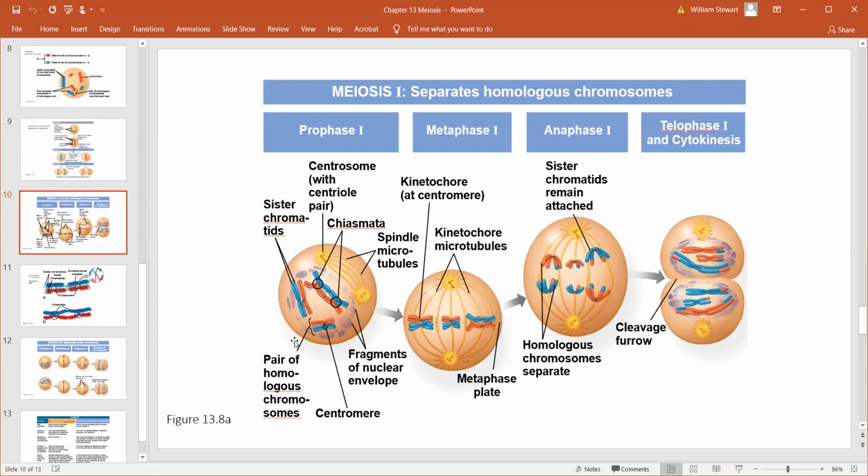Whatever characteristics are in this part of the chromosome, now those are the ones that are going to be passed on to your offspring. We call it crossing over because it literally looks like a crossing over. It's also called recombination.